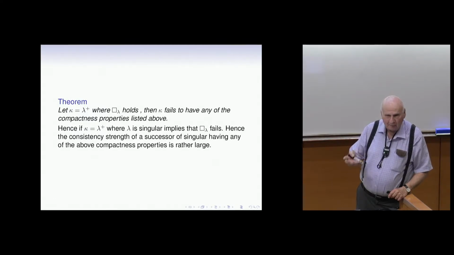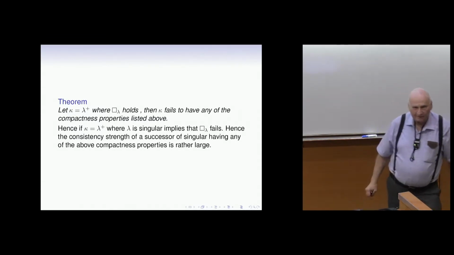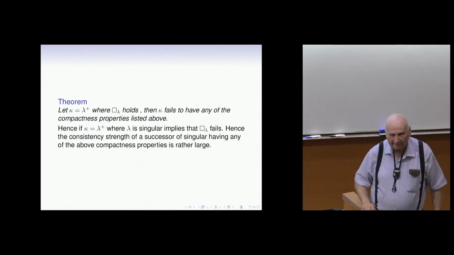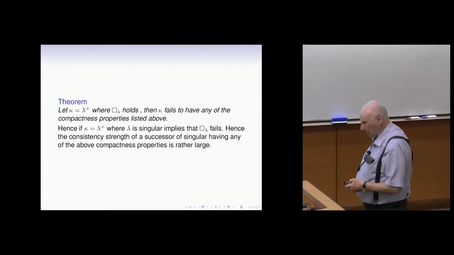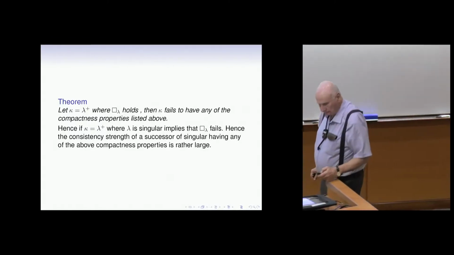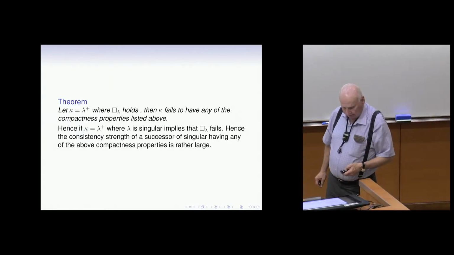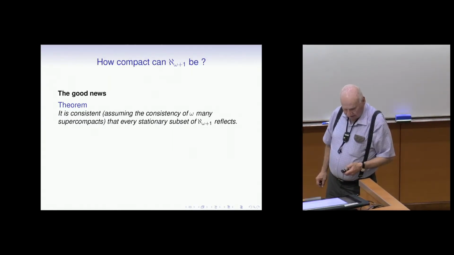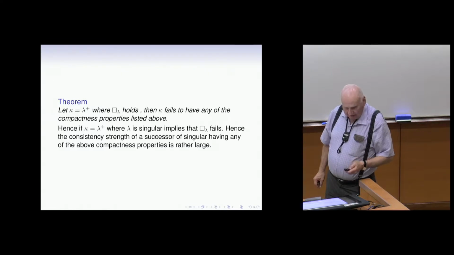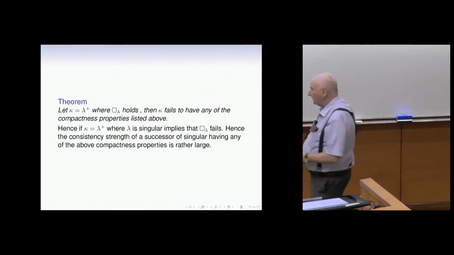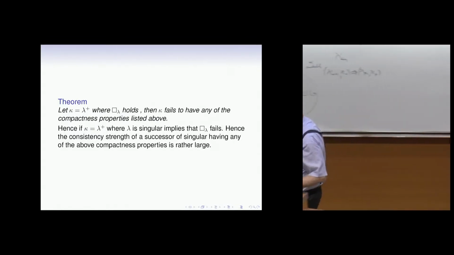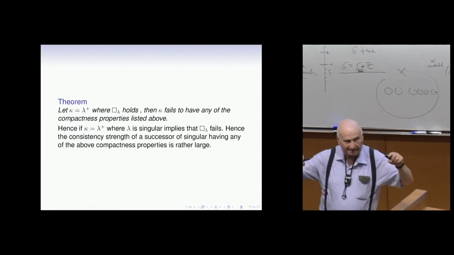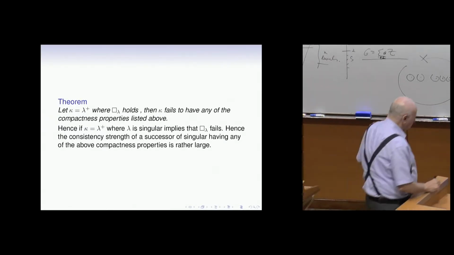Exactly what it is, a subcompact, but it should be generally a rather large cardinal in order to have the compactness properties at a successor of a singular. Okay, so now we say that we are interested in Aleph Omega, or Aleph Omega plus 1, to what extent it could be a compact cardinal in that sense, satisfying these compactness properties.